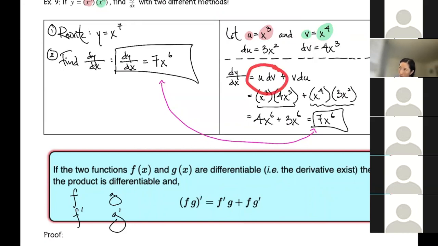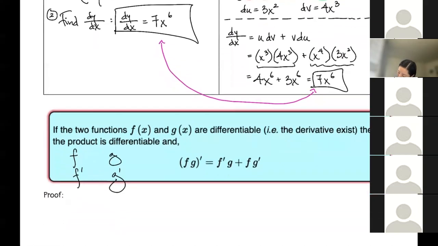How would I write U dv using these letters here? I think it'd be like F G prime, right? F G prime would be the same as U dv. Okay, so F G prime plus, how would I say V du? I would say G F prime. Okay.